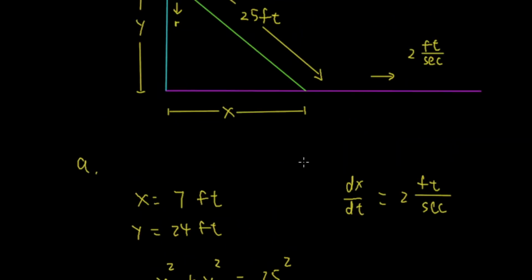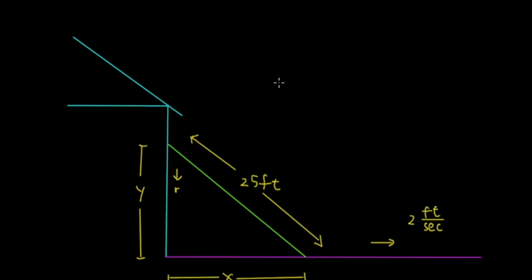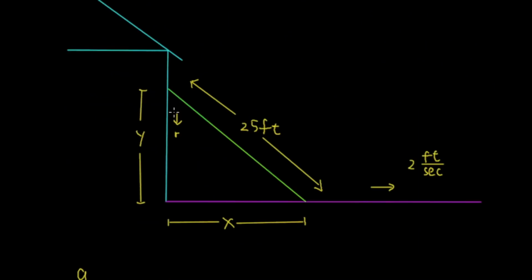Okay, what are we looking for here? How fast is the top of the ladder moving down the wall when its base is 7 feet from the wall? So basically, we're looking for how fast this point of the ladder is moving down. Well, if the wall of the house is labeled y, then we're looking for the rate of change of y with respect to time, right?